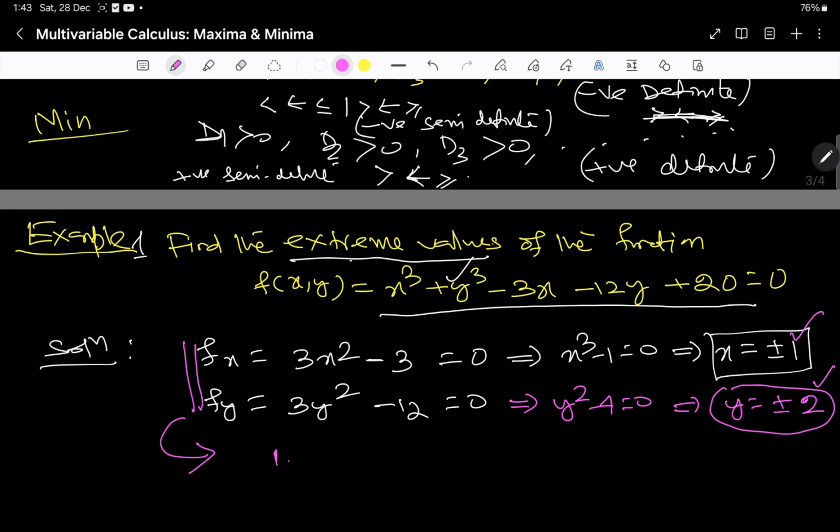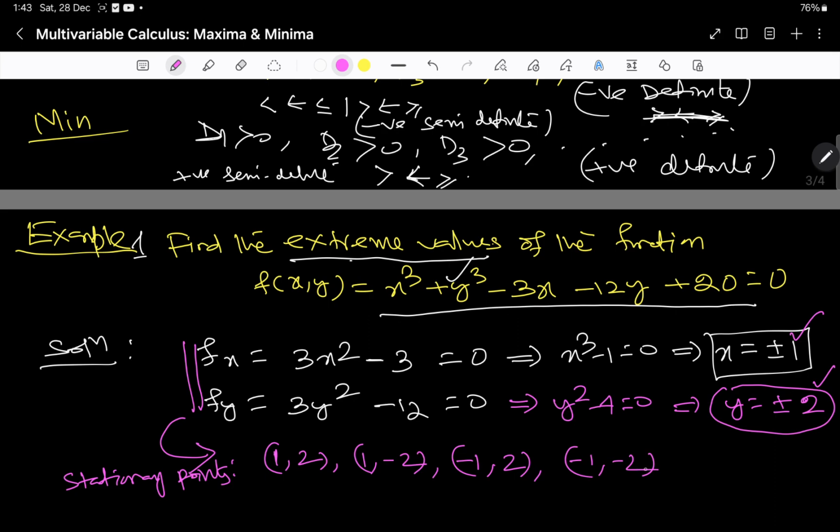For 1 we have 2, for 1 we have minus 2, and for minus 1 we have 2, for minus 1 we have minus 2. So these are all the stationary points. Now we verify the condition at each stationary point.